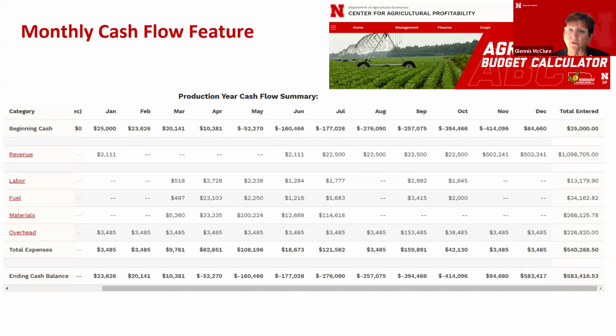So I've got those things that I'm applying. And so you would say that in that month, I'm doing this work. And so the labor costs associated with that field operation would show up in that April timeframe, and the fuel cost would. So you can see, if this is primarily a crop farm, right, a lot of their costs are going to show up in the April, May timeframe.